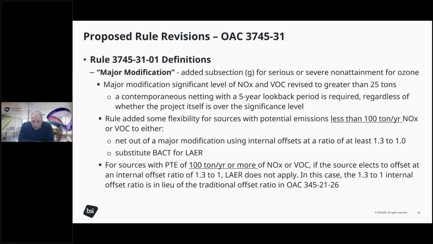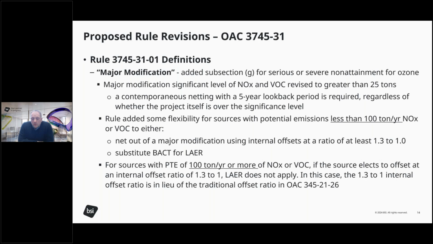That includes the year in which such increase occurred. So again, the major modification threshold is reduced from 40 to 25 tons per year, but the accounting is based on aggregated with all other net emissions increases from the source over the period of 5 years.